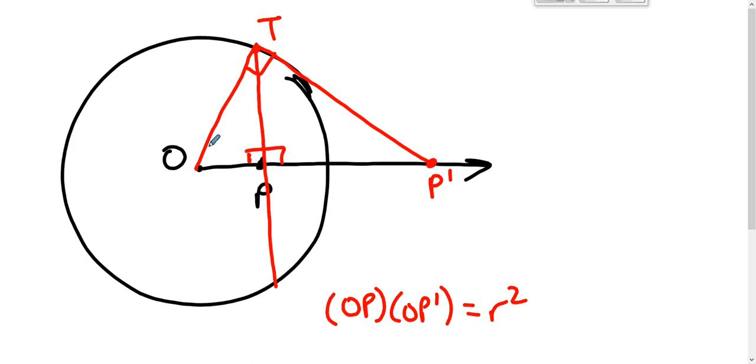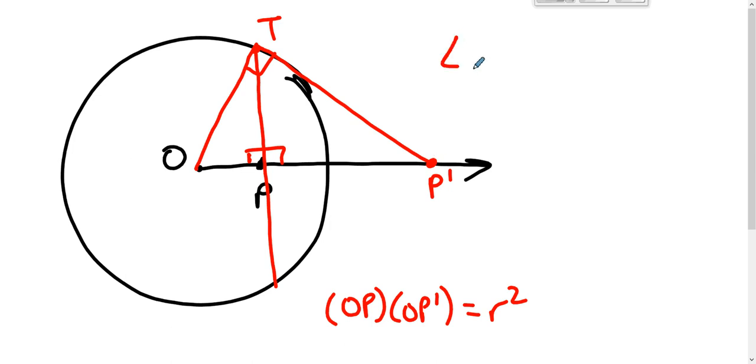There are similar triangles in here. This is why this is Euclidean inversion. There is no other kind of inversion. And sure enough, OP is to the radius of the circle as the radius of the circle is to OP prime, by similar triangles. And so this holds. We need this to hold, so this is the point that does it.